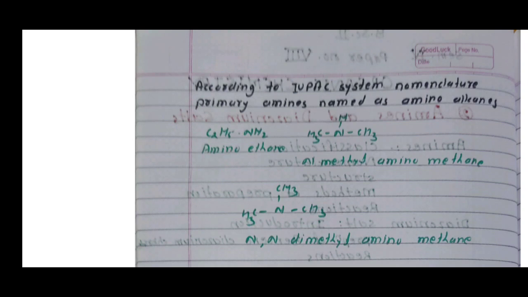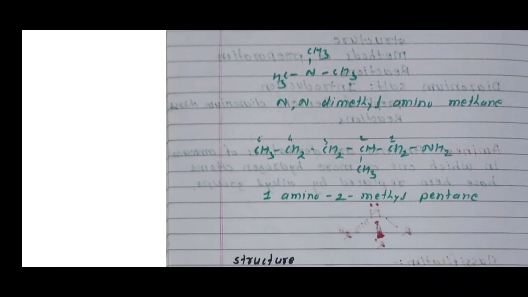Here N-methyl means a CH3 group attached to the nitrogen atom. N-methylaminomethane. And structure number 3, N(CH3)2CH3, 2 methyl groups, therefore N,N-dimethylaminomethane.